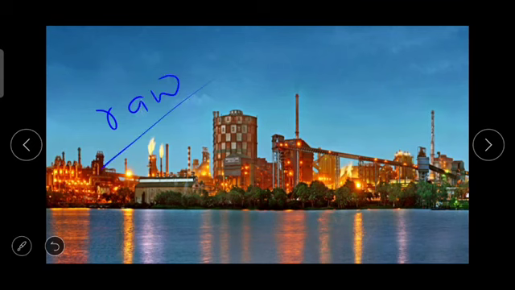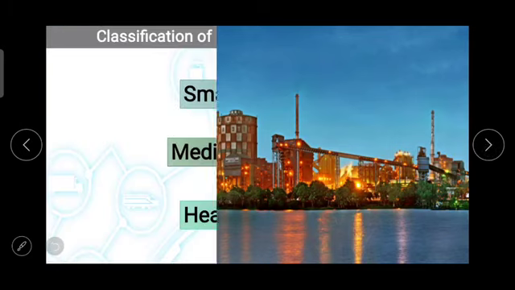This is the reason for the establishment of the iron and steel industry at Jamshedpur. Very simple, the raw material is available around Jamshedpur, and that is why there is localization of iron and steel industry.